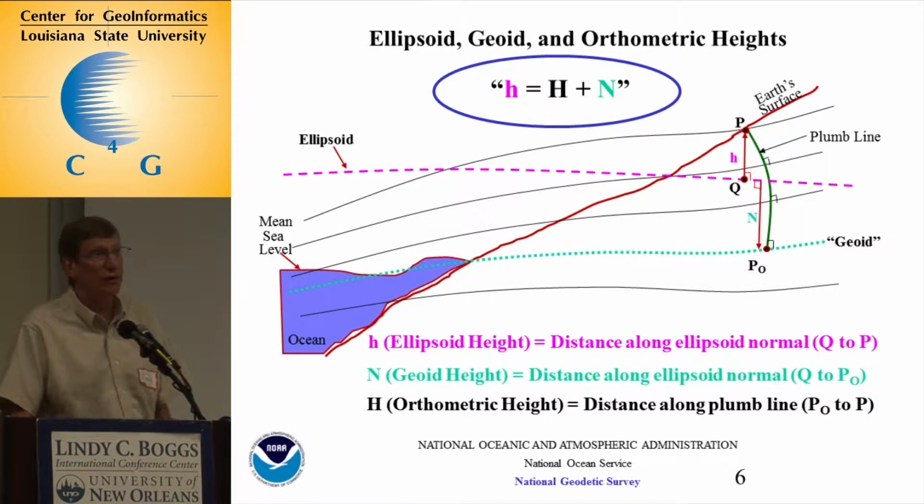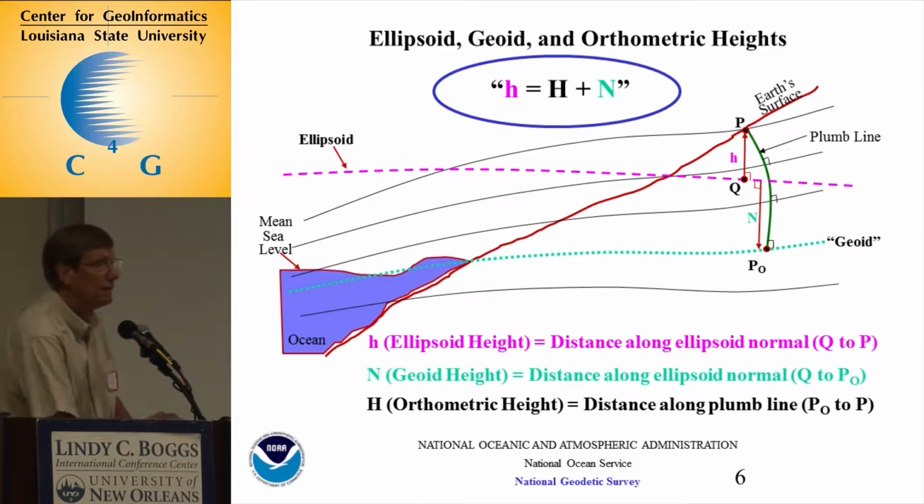But the formula is correct, yeah? And the diagram is always a little confusing. And the original diagram, the formula was just out of straight things coming out of DMA years ago. But still, you should have capital H equals small h plus capital N. And then it's an algebraic addition.